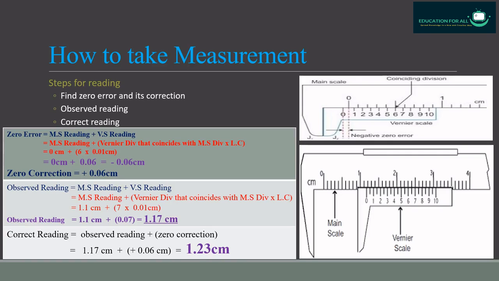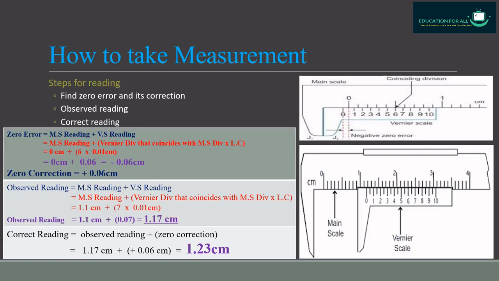I told you in the previous slide that if the zero of the vernier scale is on the left hand side, then it will be a negative zero error. If it is on the right hand side, then it will be a positive zero error. And if the zero of the vernier scale is coinciding with the zero of the main scale, then there is no zero error.